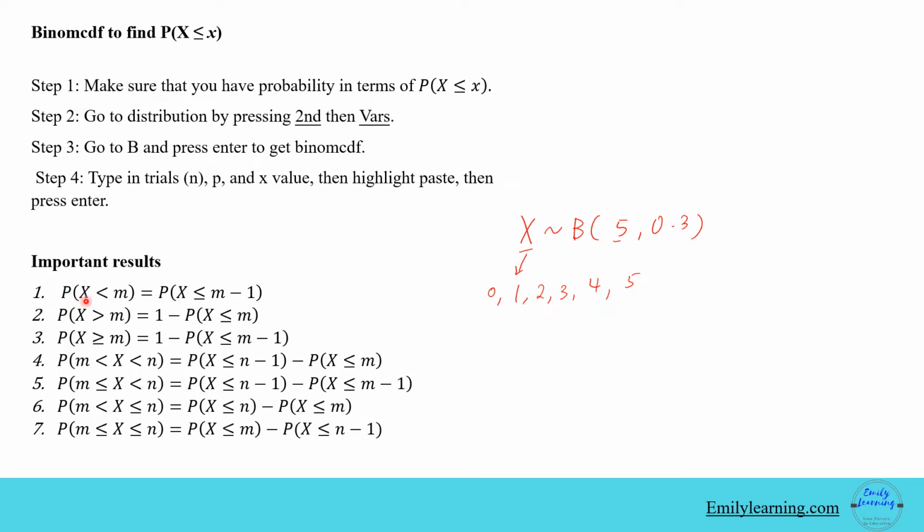If I have x lesser than n, then x is lesser than or equals to n minus 1. Let me give you an example. If I have x lesser than 3, then it will be x lesser than or equals to 2, right? I don't want you to do it this way though. I want you to sketch a number line for now until you're very familiar.